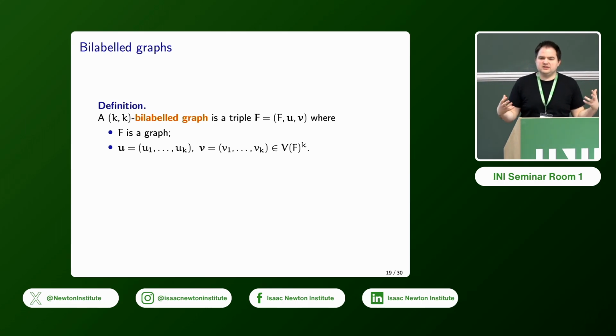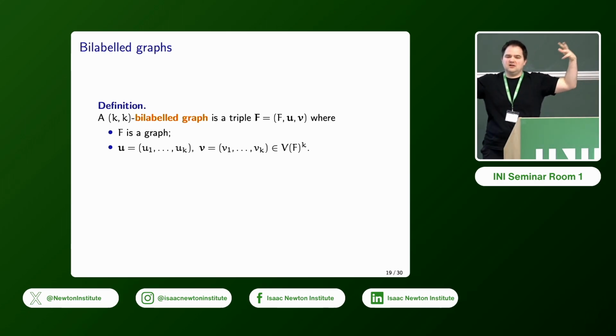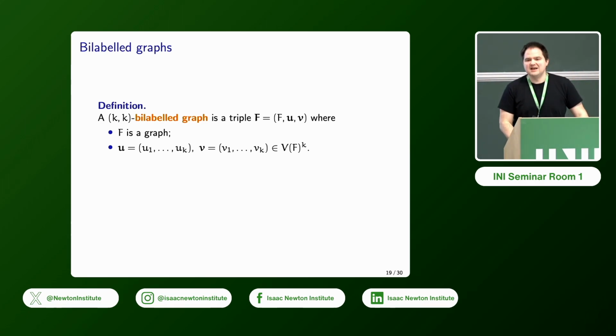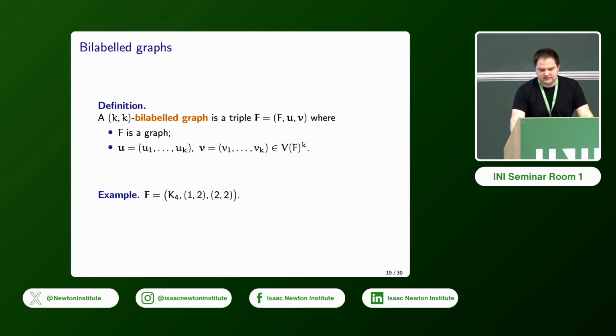The idea is that we compose these bilabeled graphs and build larger graphs out of them, and the operations for putting them together correspond to matrix operations that represent counting homomorphisms. An example is K4, the complete graph on 4 vertices, where you select any k-tuple, which can be repeated, on one side and on the other side. It's really any k-tuple.